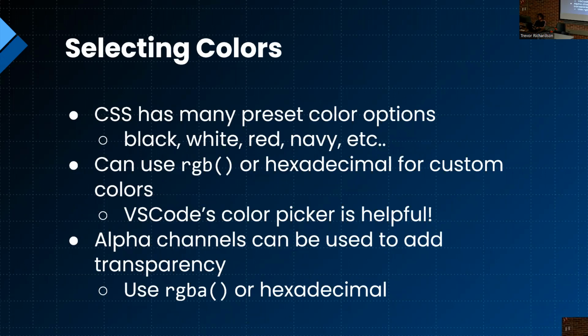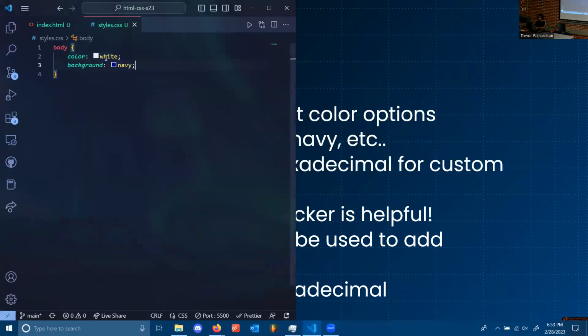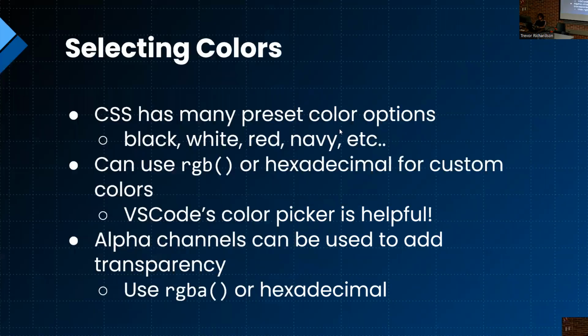Now, you can use preset color options as we just did right here. You can just type in certain colors and there are lots of presets like white and navy. However, sometimes you want a custom color option. And there's two ways to get that. You can either use the RGB selector, which will allow you to type in the 3 RGB values of it, or you can use the hexadecimal code, which is exactly the same thing, but written in a more nerdy way.